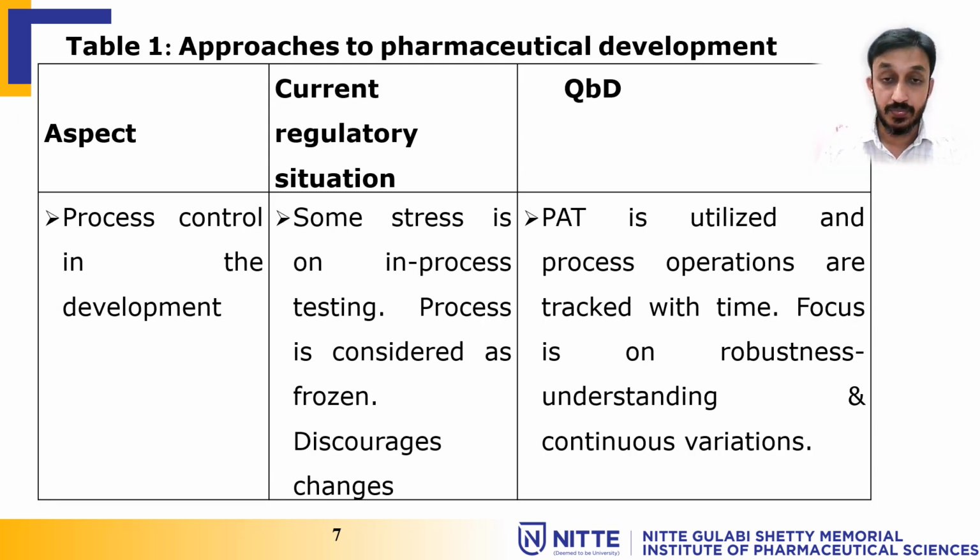In the current scenario, in-process testing is more emphasized and the process is considered to be frozen. There is no flexibility or leniency to change the process to any extent. But in a QbD approach, using process analytical technology, the process operations are tracked with time and focus on robustness and understanding of the process, allowing continuous variations to some extent.